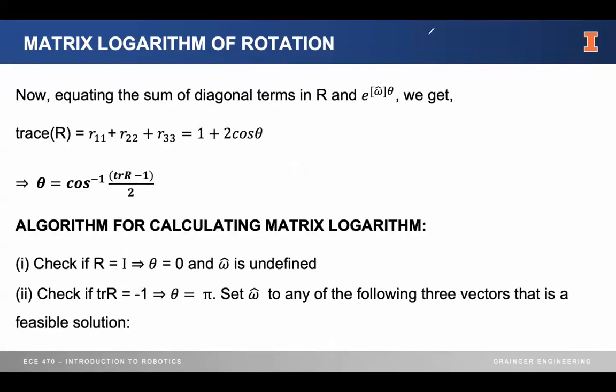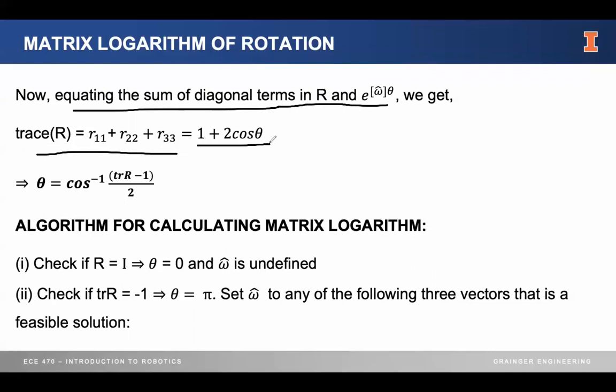The angle theta can be calculated by equating the sum of diagonal terms in the rotation matrix R and e raised to omega hat theta. When we do that, we get the trace as the sum of the diagonal elements, that is R11, R22 plus R33, which is equal to 1 plus 2 cos theta.